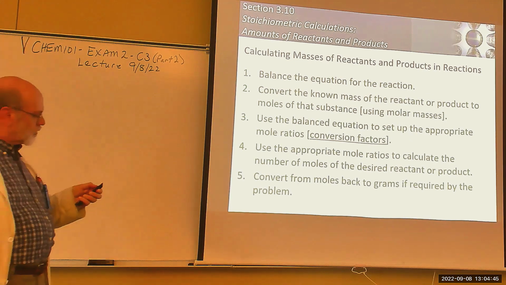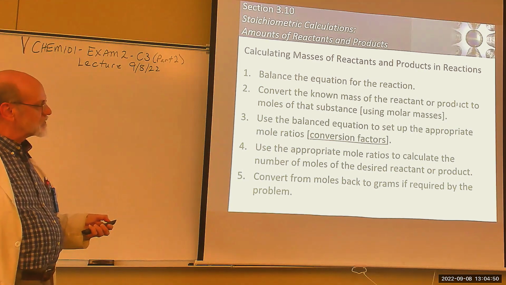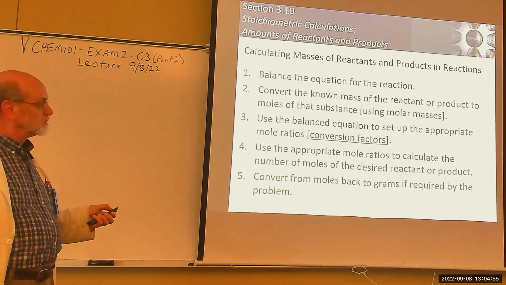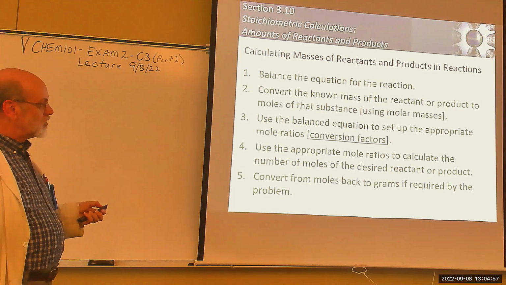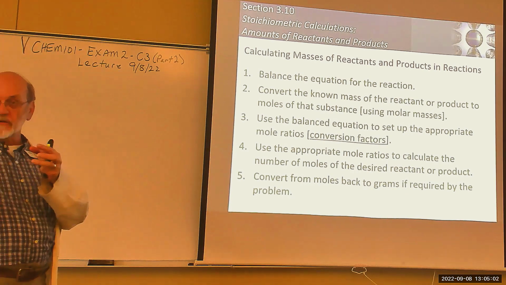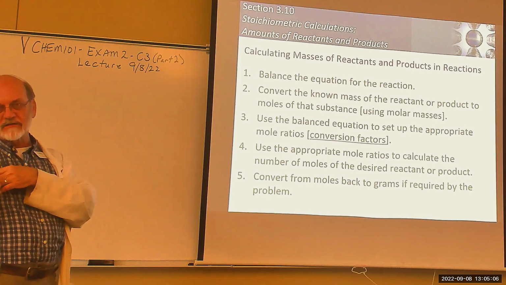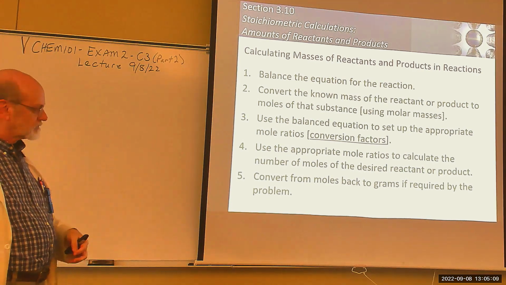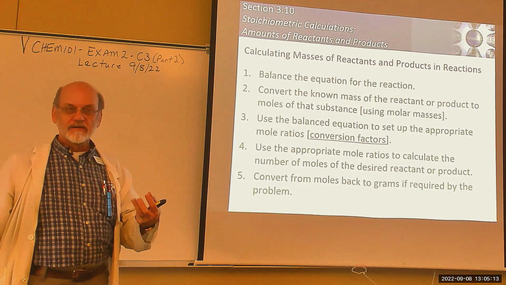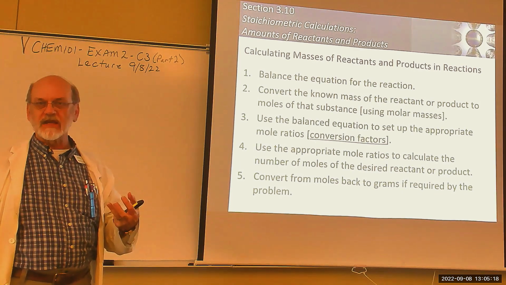Okay, so we're going to balance the equation. We're going to convert the masses of the reactants or the products, depending on our starting point. You can start with products and work backwards. Using molar masses, we'll convert those masses to moles. Then we can use our ratios to tell us how many moles of product or reactant, as the case may be. Then once you find out how many moles that you can get, or how many moles you start with, suppose you want the answer in mass again.